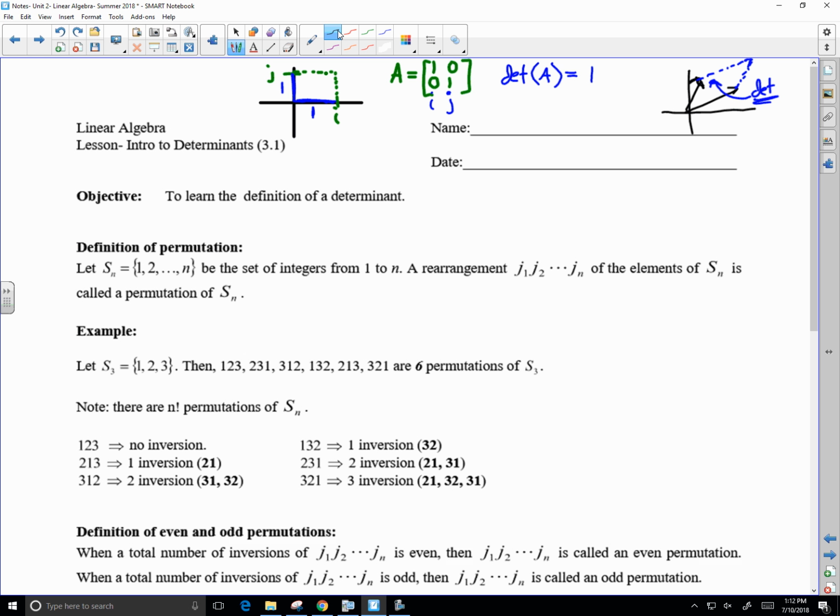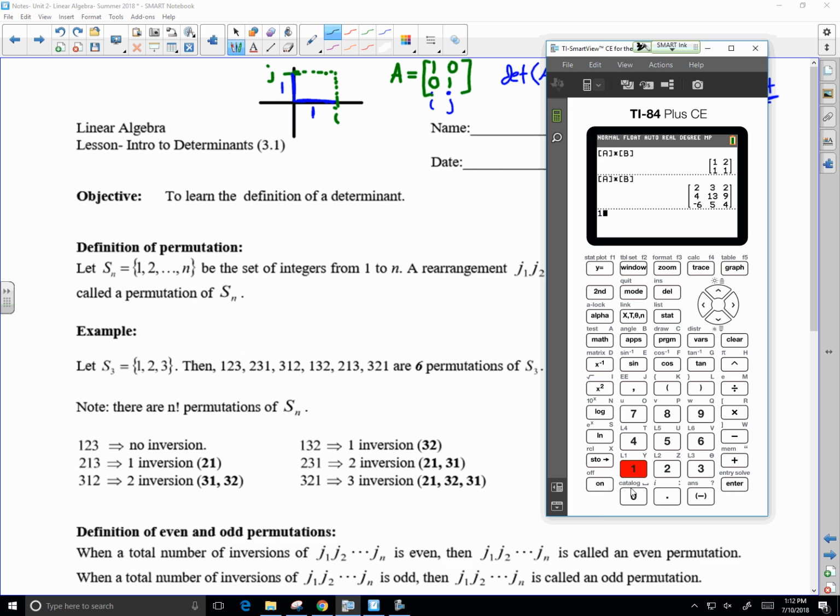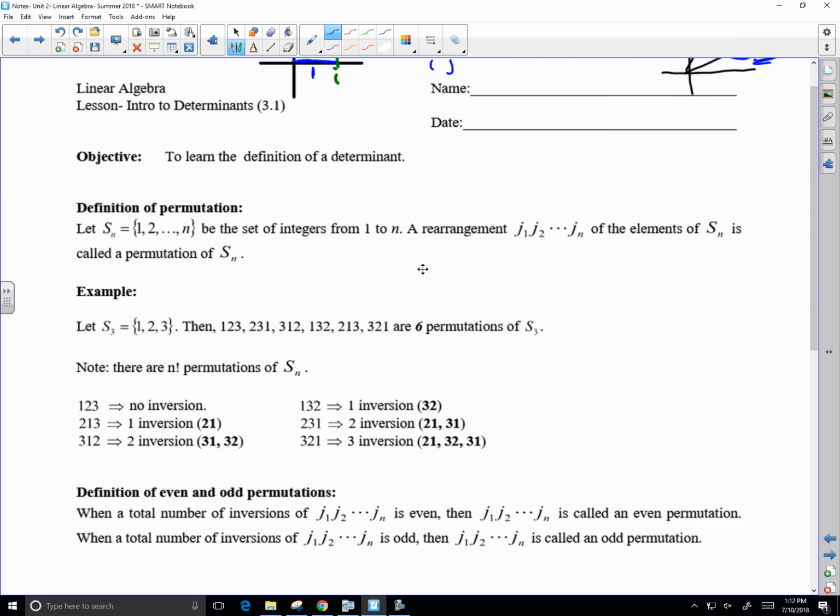I used to know that. I used to know 10 factorial. I want to say 3628800, but that can't possibly be right. It is right.